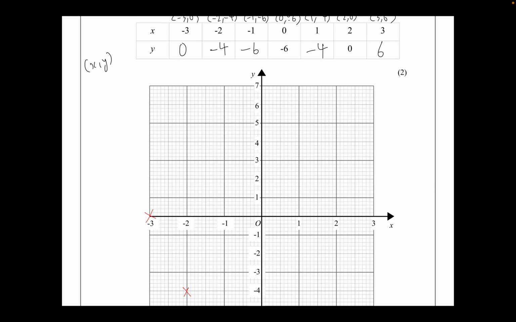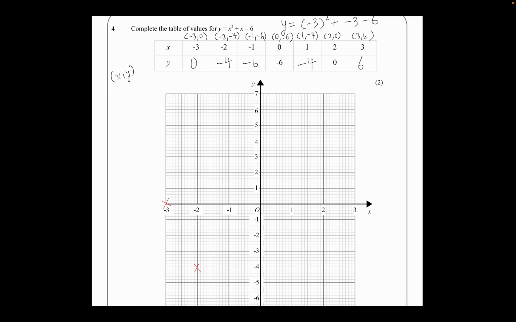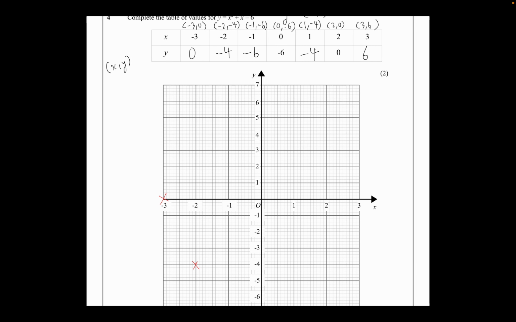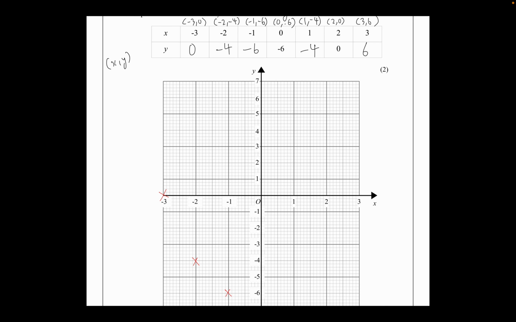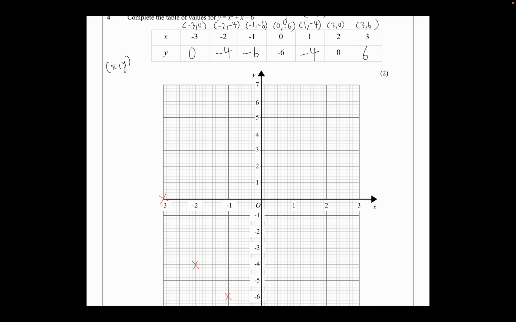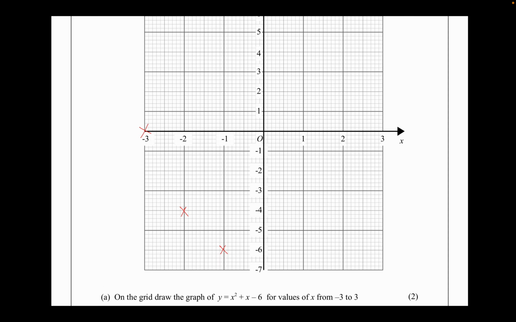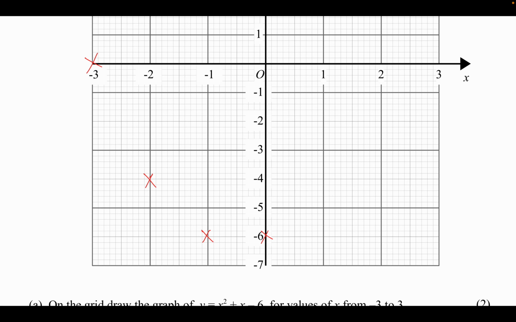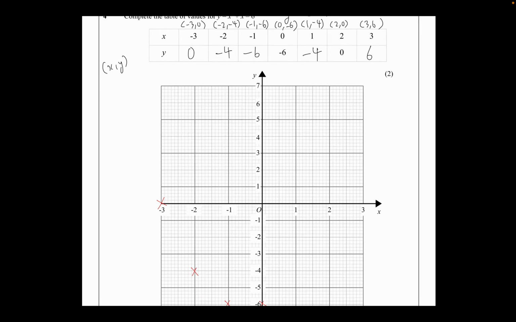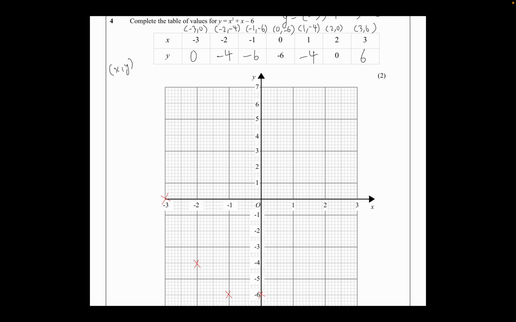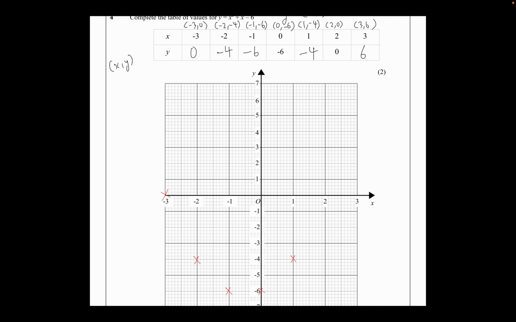Negative 1 comma negative 6, plot the point, it's here. 0 comma negative 6, that's here. Let me just zoom in. Yeah, it's somewhere here. 1 comma negative 4, that's here. 2 comma 0, that's here. 3 comma 6, that's going to be here.